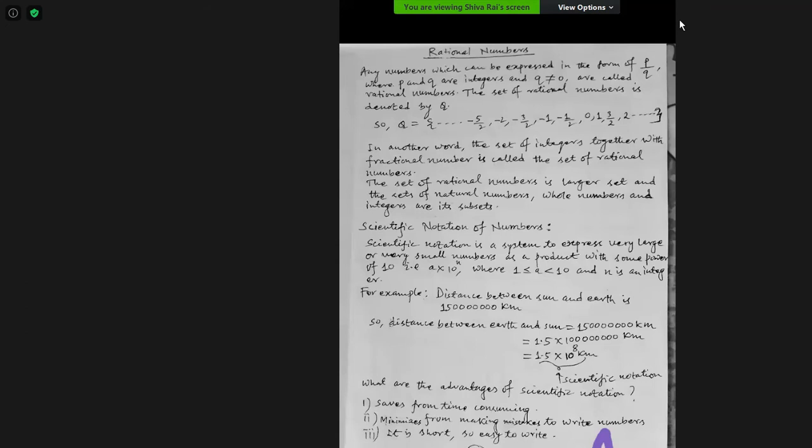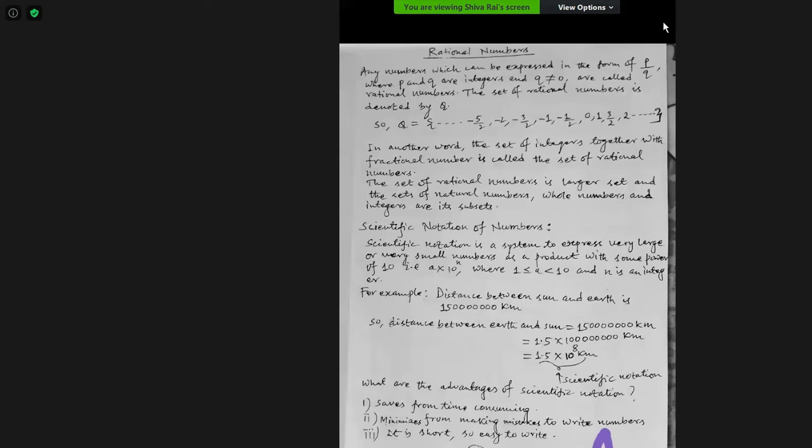If you write short, there is less chance of making mistakes. If the number is very large, we have more chance of making mistakes. So in scientific notation we write in short form, which reduces the chances of mistakes.